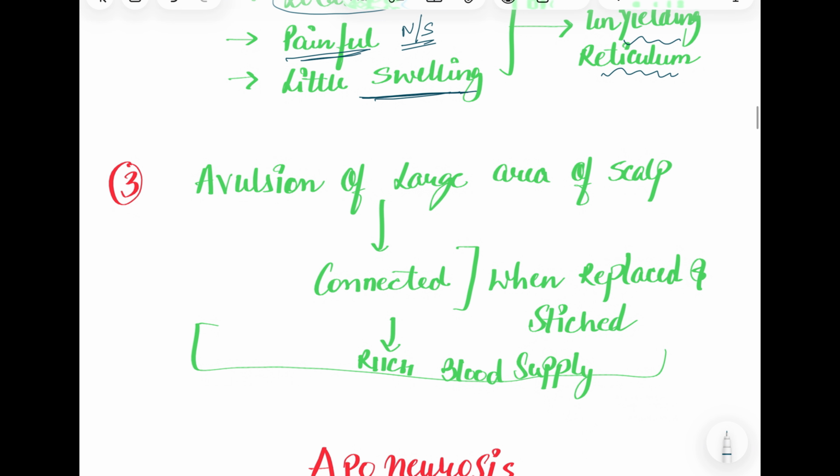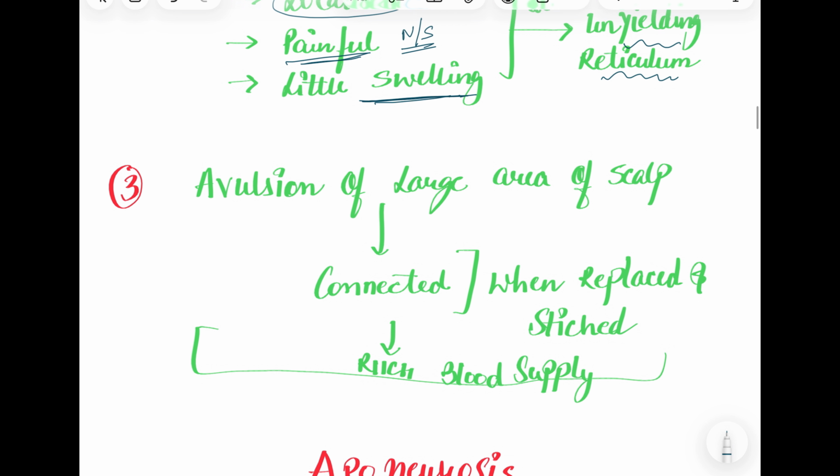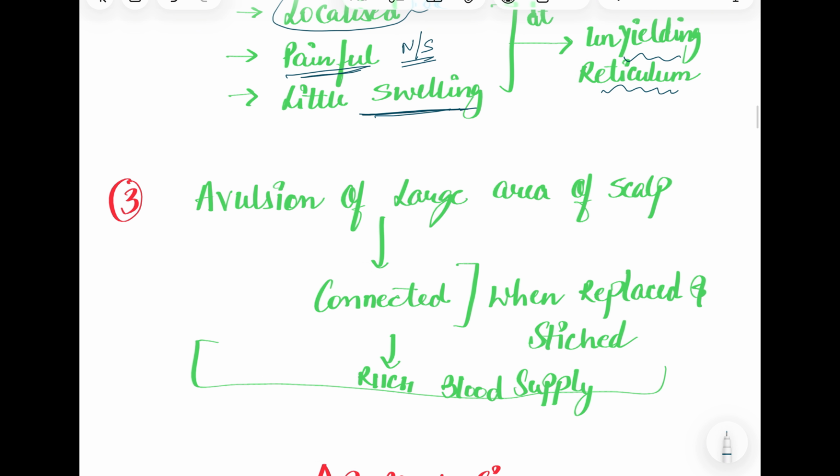Third applied related to this second layer is that whenever there is avulsion of the layer of the scalp, whenever there is an injury which is leading to avulsion of the layer, this can be reconnected back. Why is it so? It is because the blood supply is very rich.